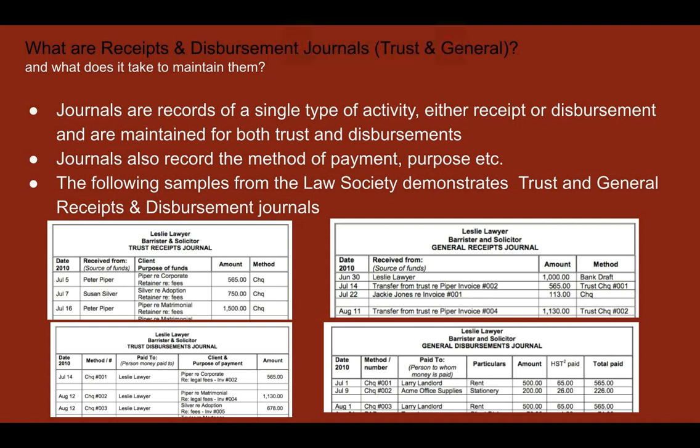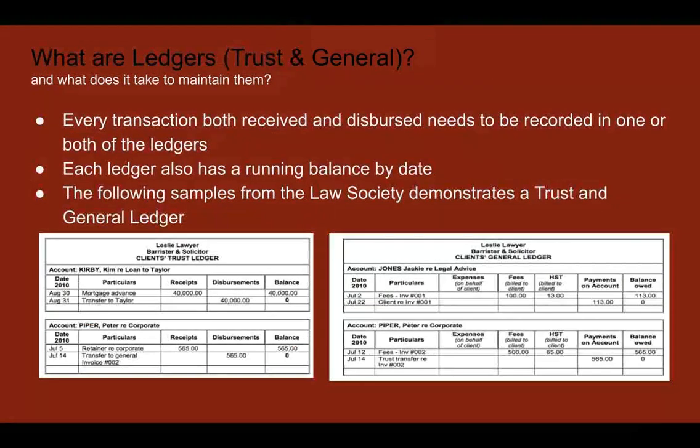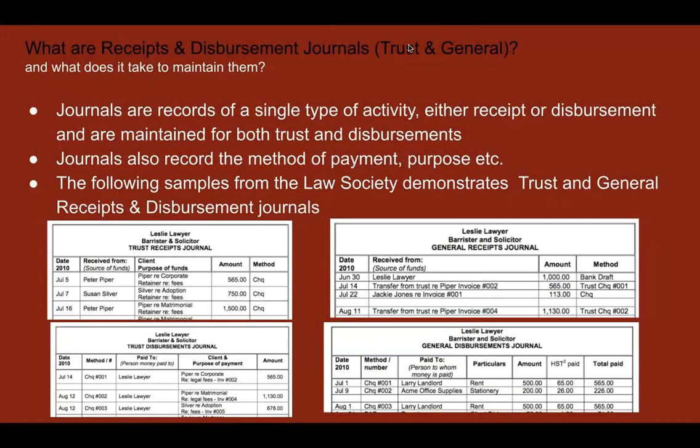So when you go into a journal, you get to see a more detailed version of what is happening in that particular ledger. For example, if in the ledger you have received 565, in the receipts journal you have who you have received it from and the method of payment, which is additional information. If you look at the ledger, you won't be seeing that.